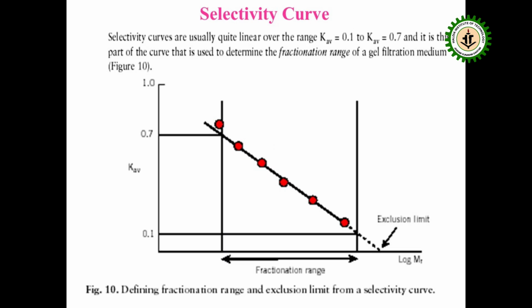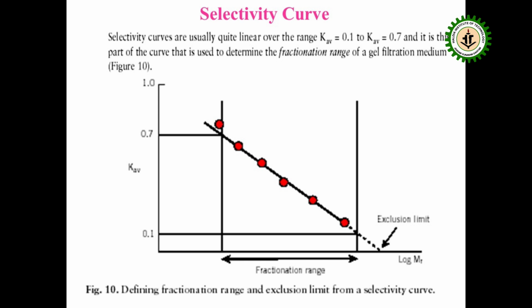Selectivity curves are usually quite linear over the range KAV equals 0.1 to KAV or KD equals 0.7, and it is this part of the curve that is used to determine the fractionation range of the gel filtration media, as shown in the slide. On the x-axis we represent KAV or KD, and on the y-axis the fractionation range in the unit of log of molecular weight.